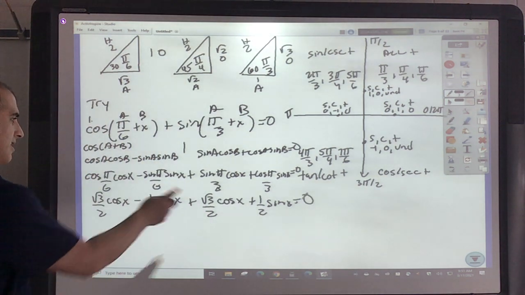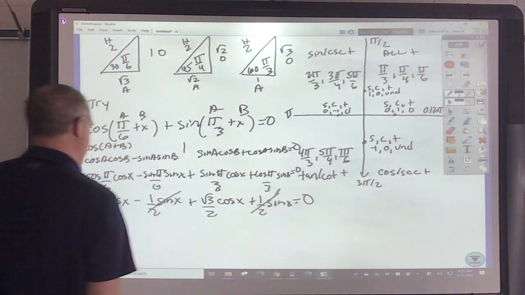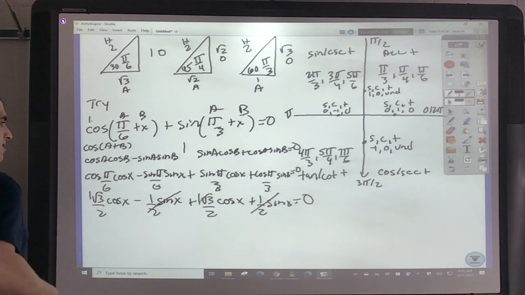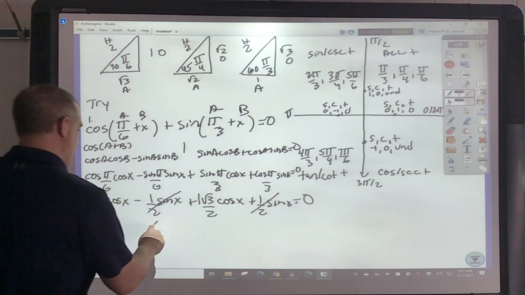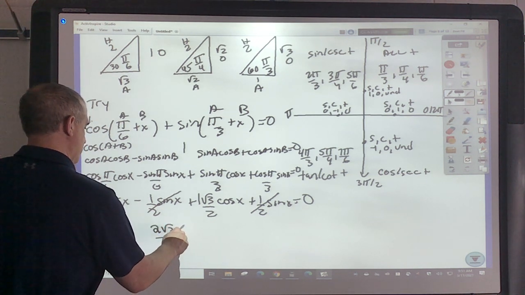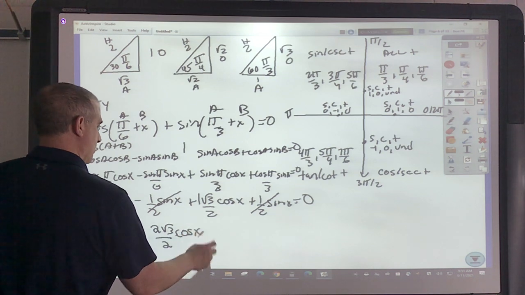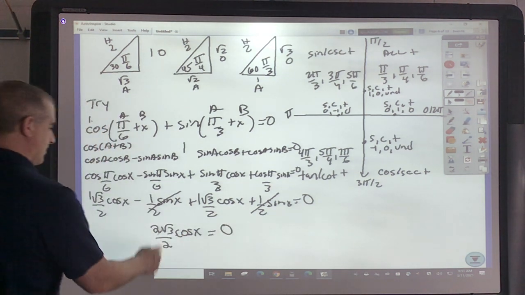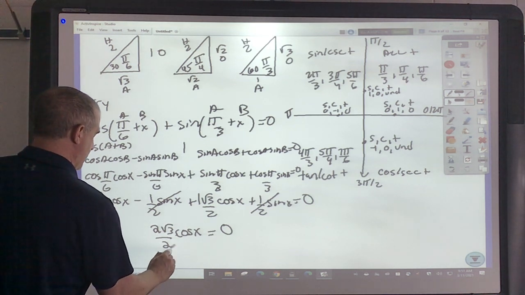What ends up happening here is these two cancel out. Got to be careful here because this is a 1 and this is a 1. So when you add those together, you would get 2 square root of 3 over 2 cosine of x equaling 0.